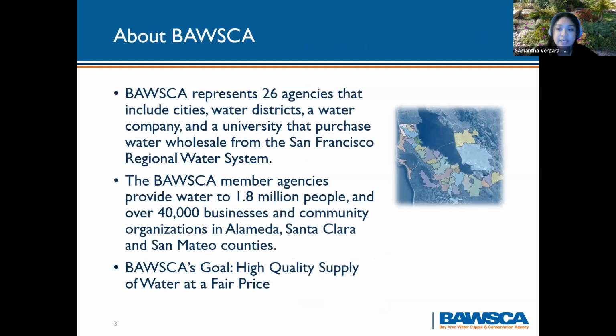BOSCA's member agencies provide water to over 1.8 million people and over 40,000 businesses and organizations across Alameda, Santa Clara, and San Mateo County. The core goal of BOSCA is to provide a reliable supply of high quality water to its member agencies and its constituents at a fair price.